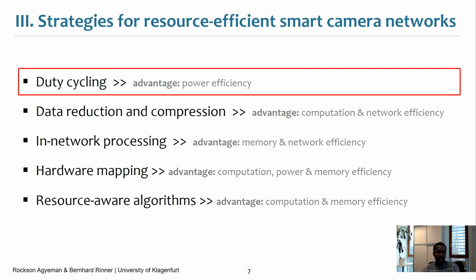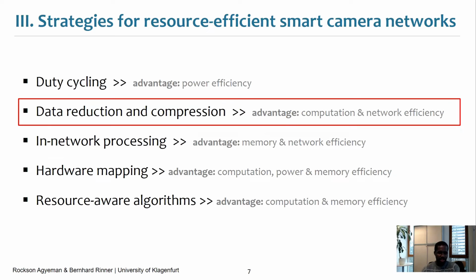In the end, the goal of duty cycling is to promote efficient power utilization. Let's now consider data reduction. As the name implies, data reduction refers to reducing the quantum or dimensionality of data required for processing. Data reduction and data compression techniques promote computation and network efficiency.